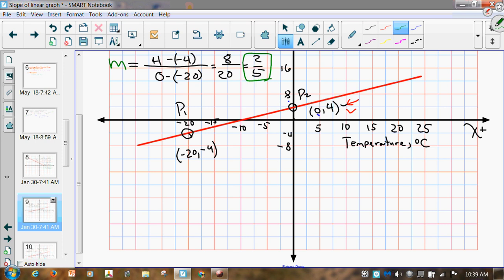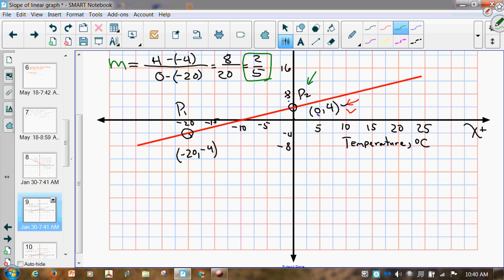But if you can conveniently pick a point that has values that are easy to work with mathematically, by all means do that, because the simpler your numbers are, the less chance of error. So we're going to actually use 0, 4 for our calculation in the equation.